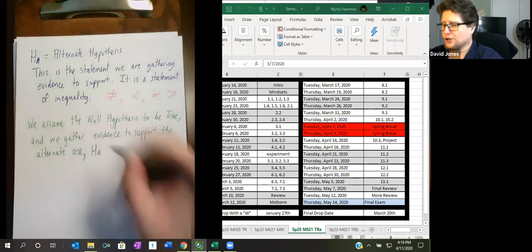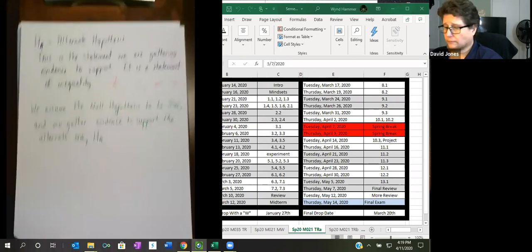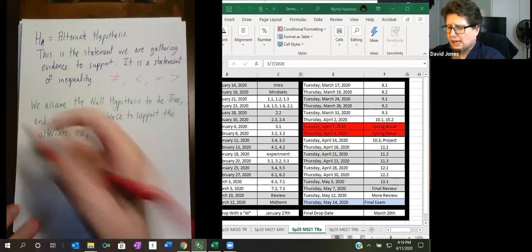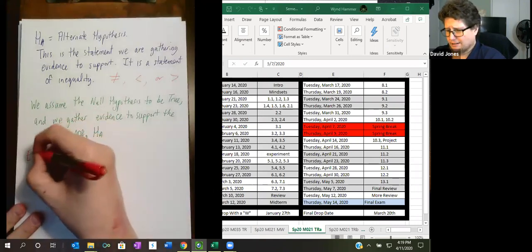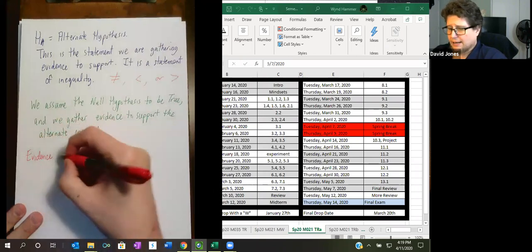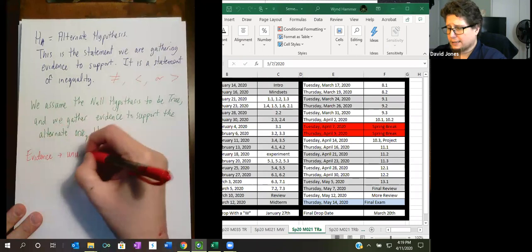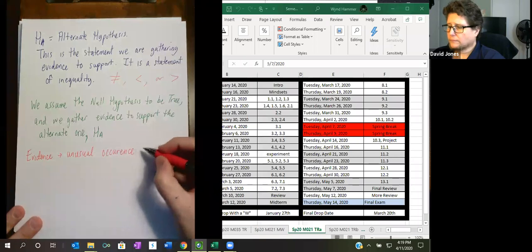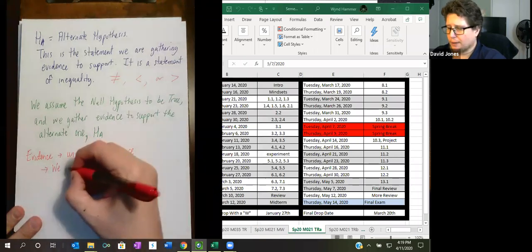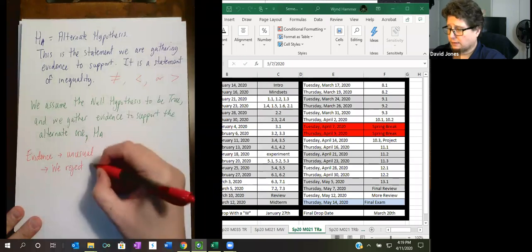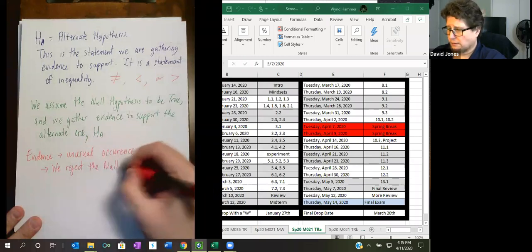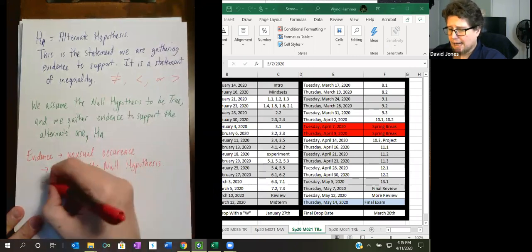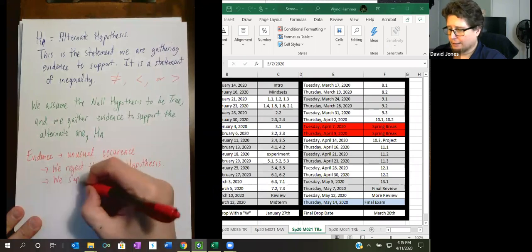Now, there's two ways this turns out. If the evidence or sample leads to an unusual occurrence, we reject the null hypothesis. And we support the alternate hypothesis.